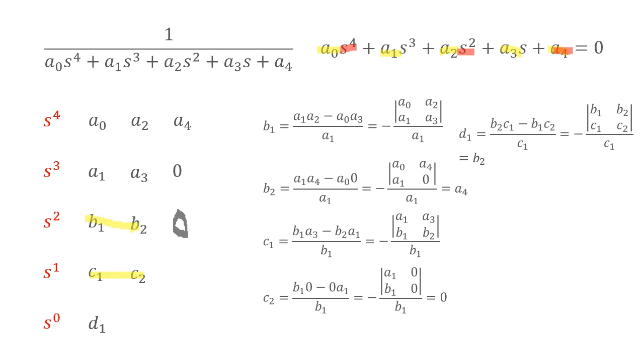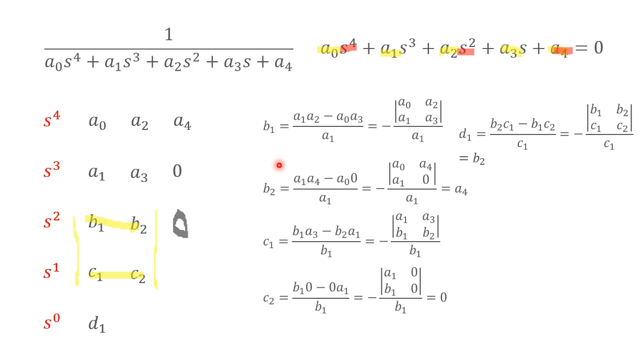So D1 will be given as B2 into C1 minus B1 into C2, upon C1, or minus the determinant of this whole function. So it is B2.